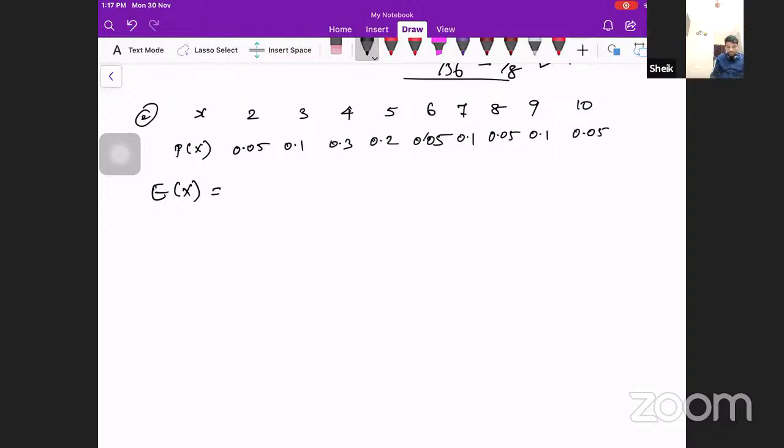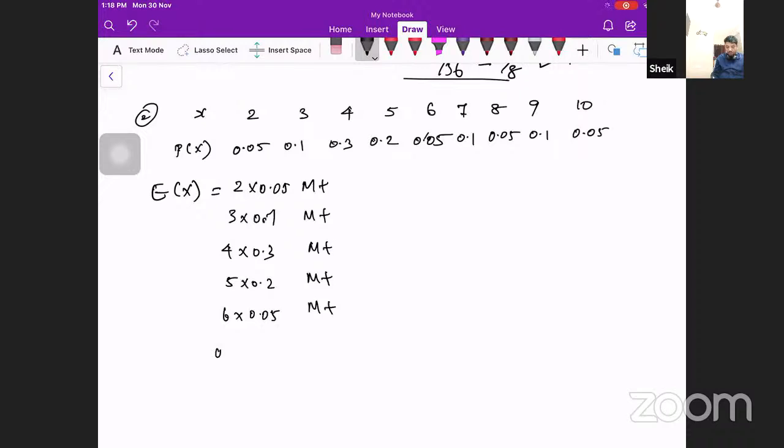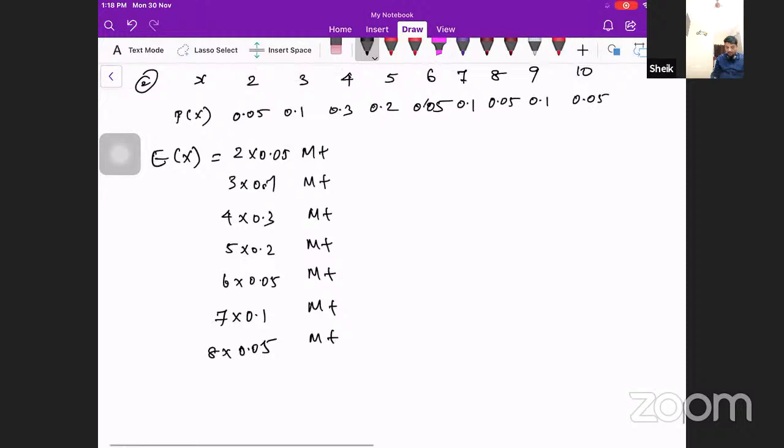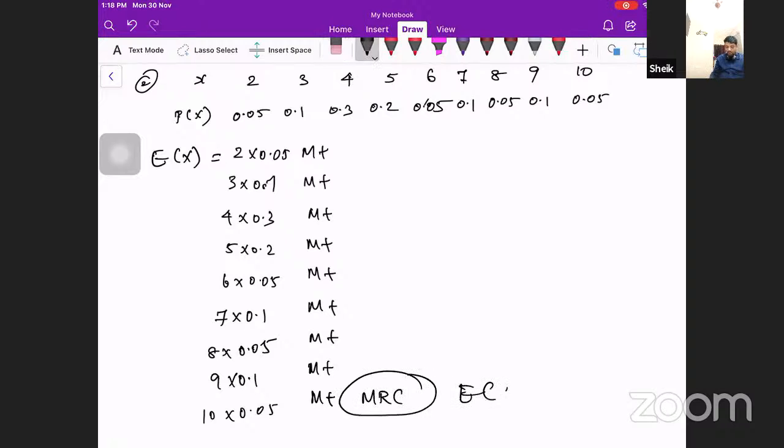Take the calculator and do what I'm saying. 2 into 0.05 plus 3 into 0.1 plus 4 into 0.3 plus 5 into 0.2 plus 6 into 0.05 plus 7 into 0.1 plus 8 into 0.05 plus 9 into 0.1 plus 10 into 0.05. This is your answer. This is our expected value of X.